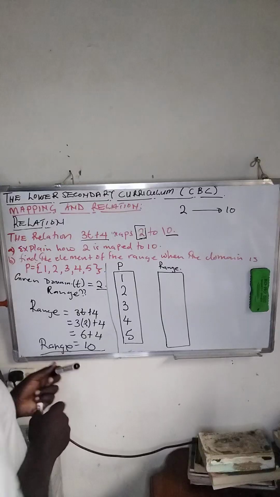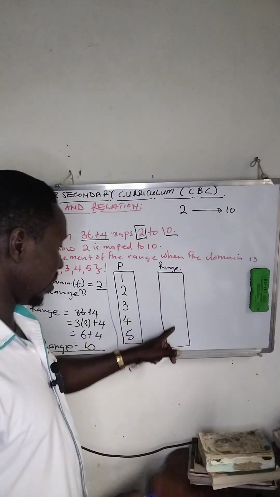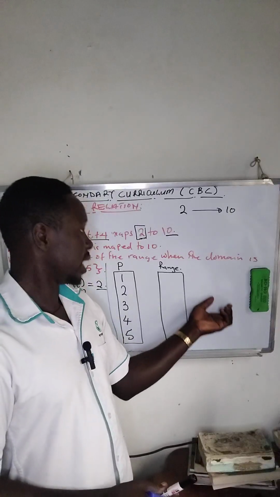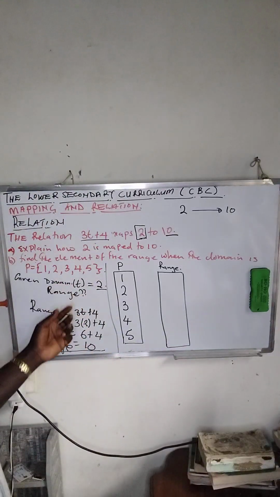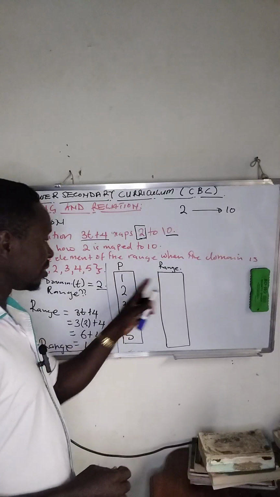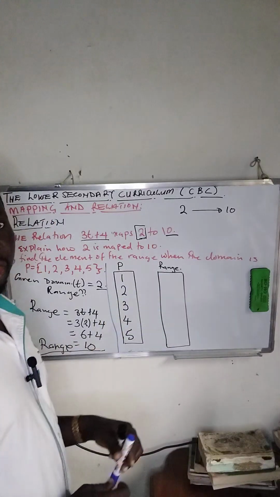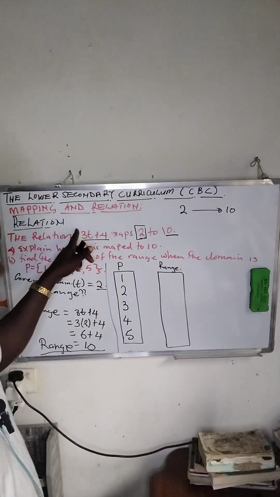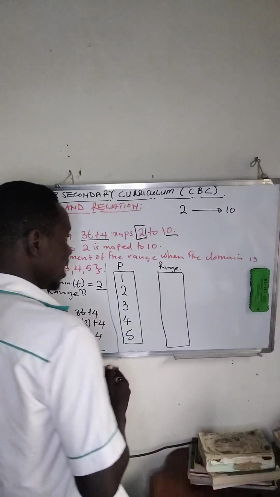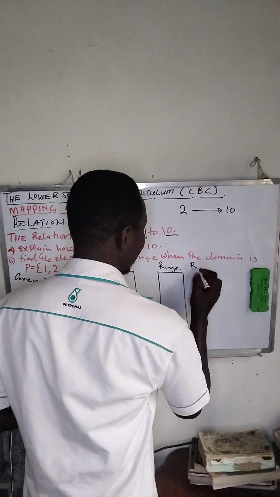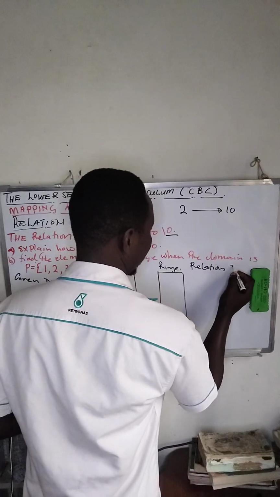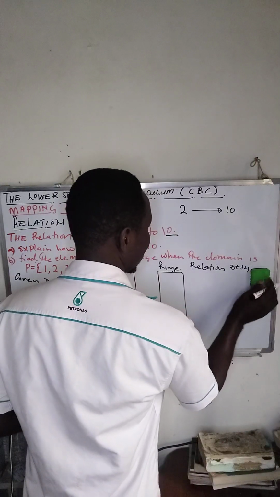Now, the answers will be written at this very point, but we are going to use this space to calculate the values altogether. Since we have the formula that gives us the answers placed in the range, we have the relation here, and our relation is given like this. The relation between the range and the domain is 3t plus 4.